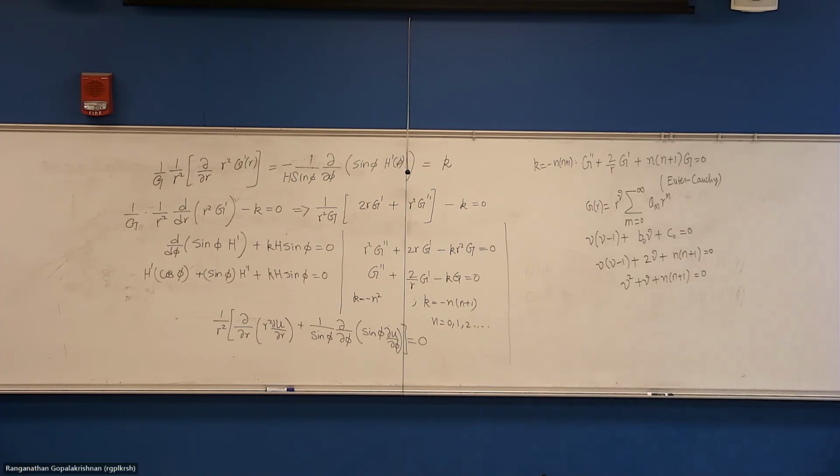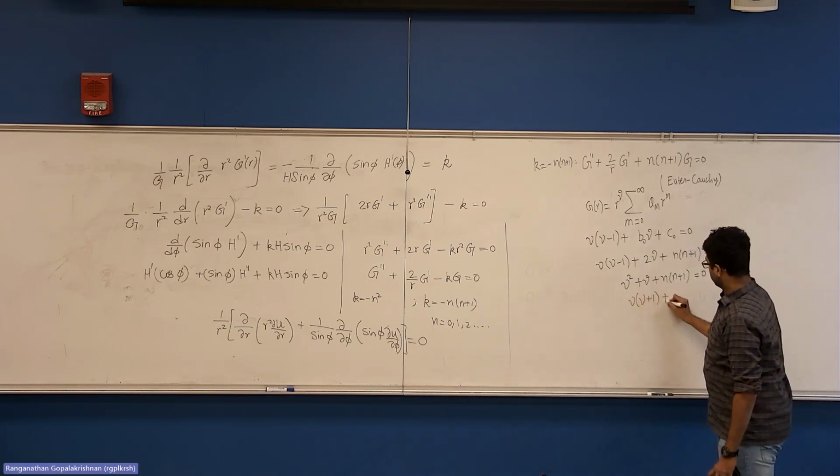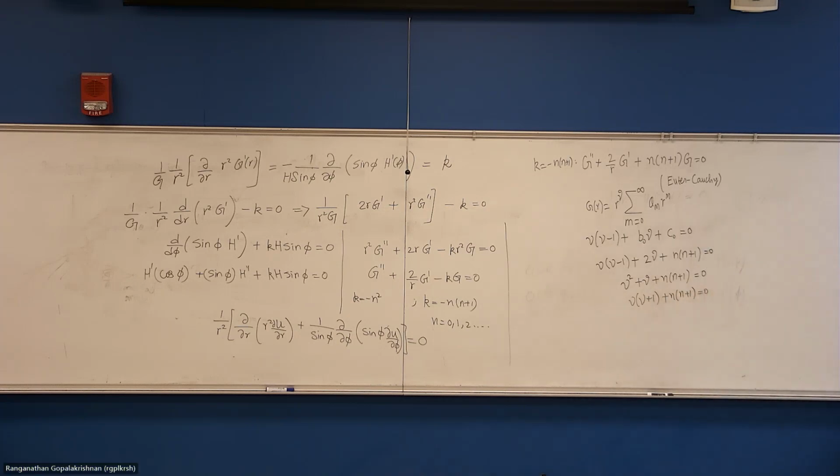Is that correct? How do we factorize this? Nu times nu plus 1 plus n times n plus 1 equal to 0.